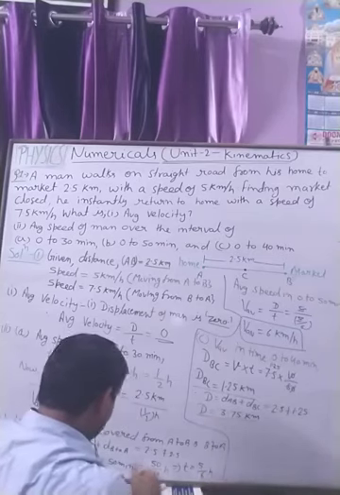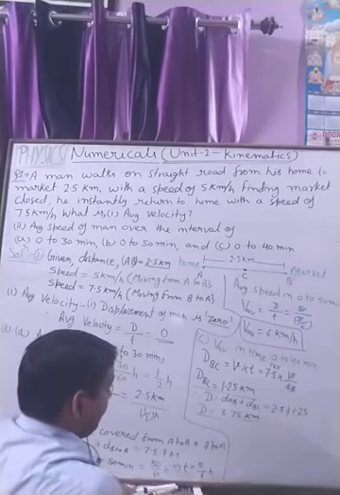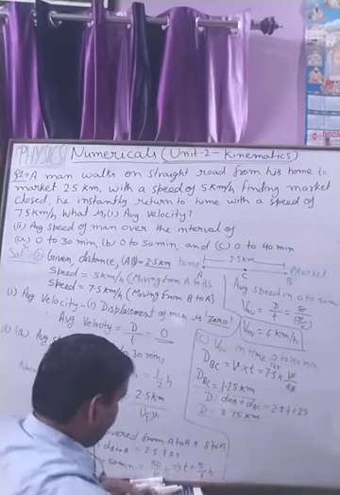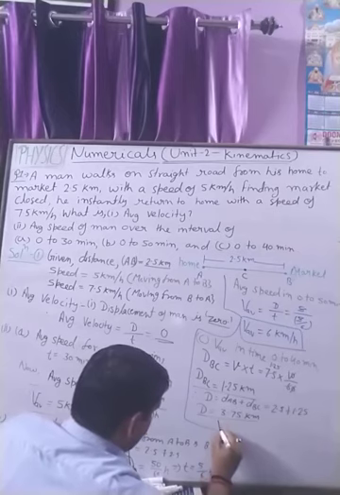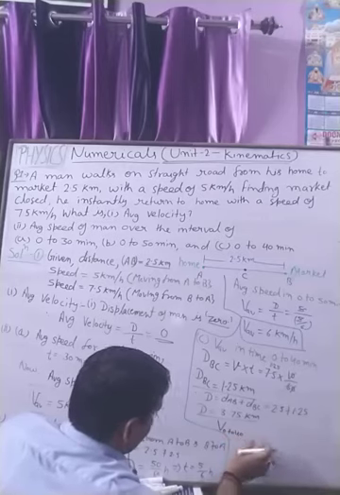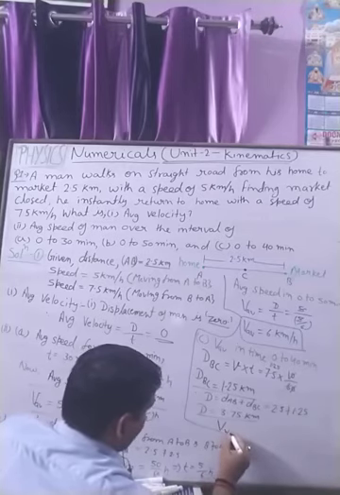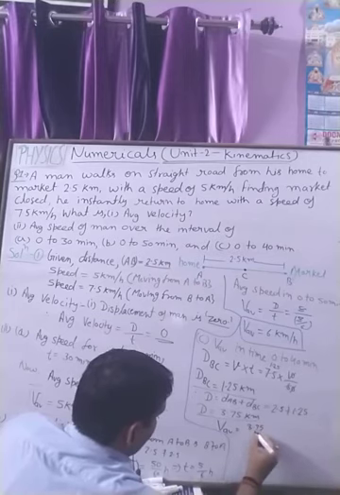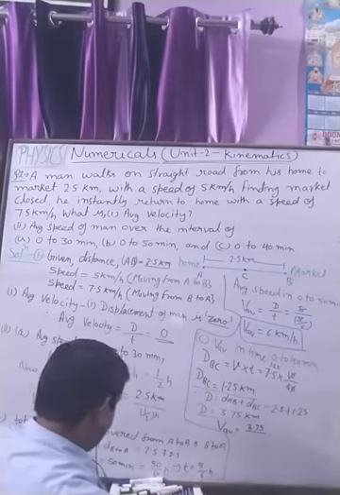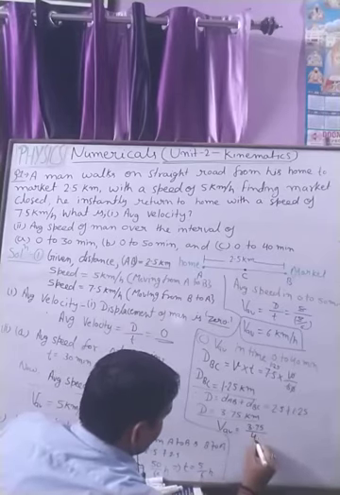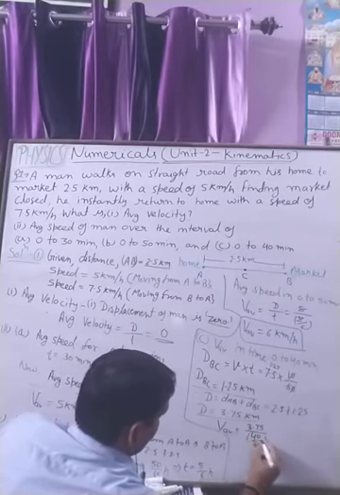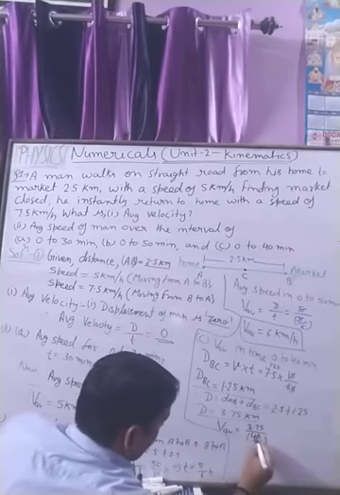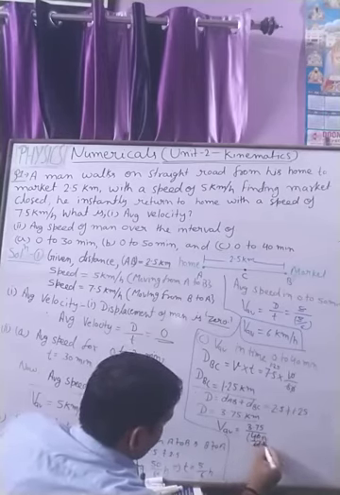Now, the average speed V from 0 to 40, or we say V average is 3.75 upon time, which is 40 minutes. We can solve it as 40 by 60. So this is cancelled by 2 and 3 times.